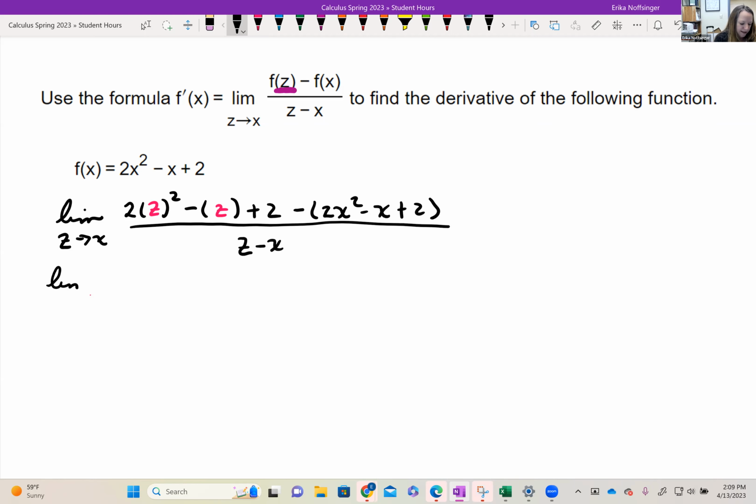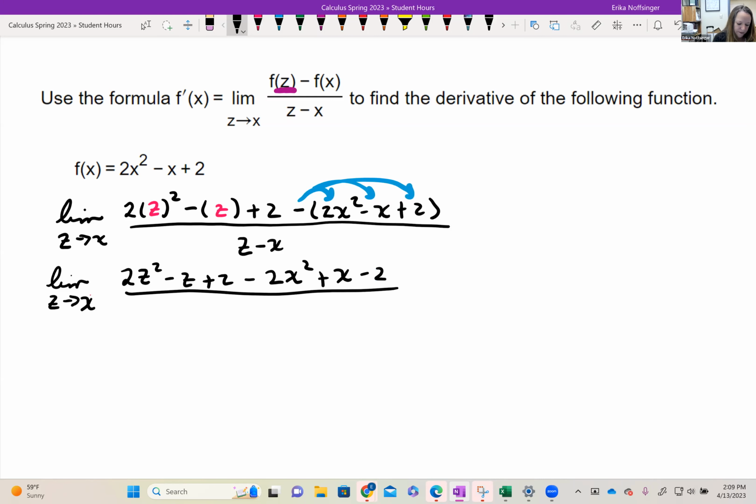So let's just rewrite this by distributing our negative sign. If I distribute my negative sign inside my parentheses, I'm left with 2z squared minus z plus 2, and then I'll have minus 2x squared plus x minus 2 all over z minus x.